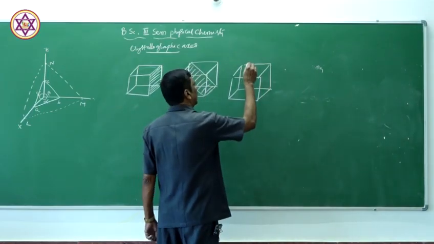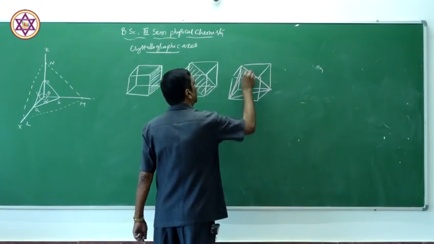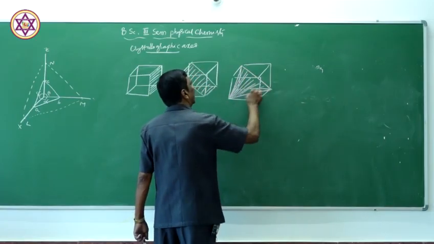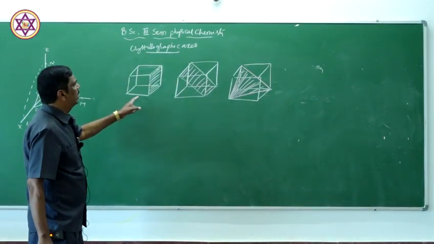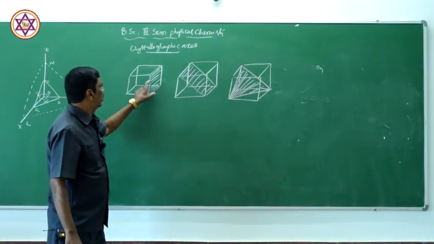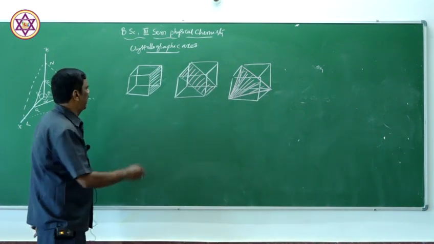See this? So these are the planes. Different planes are there. So here, these planes of this cube can be represented by either Weiss indices or Miller indices.